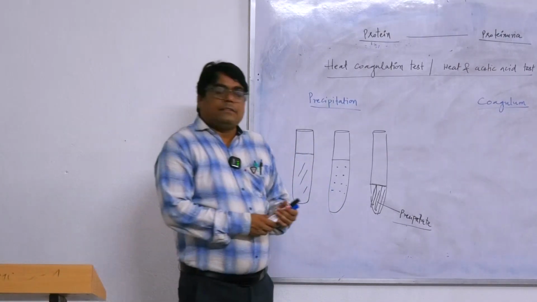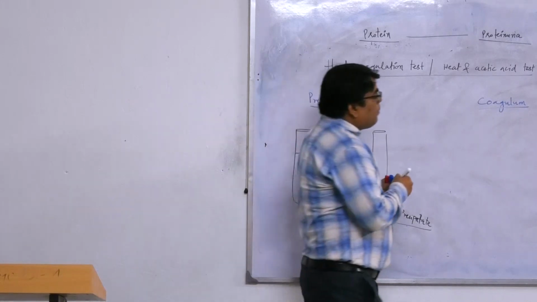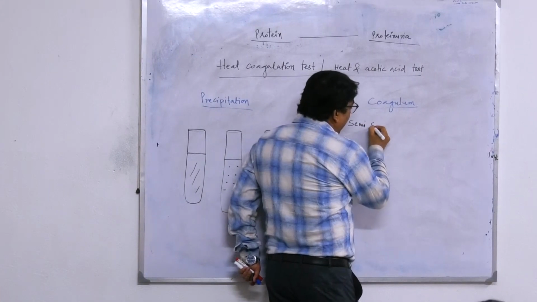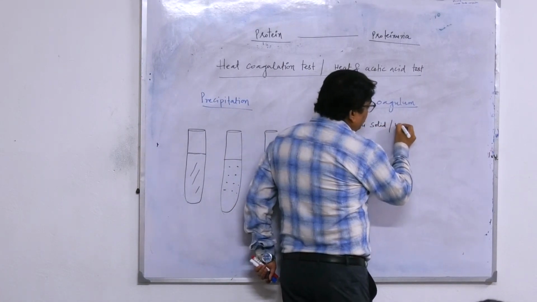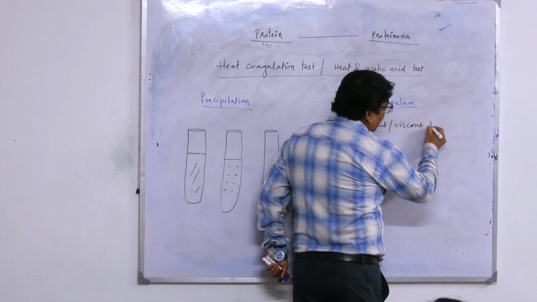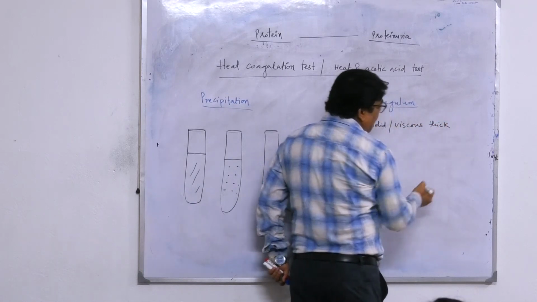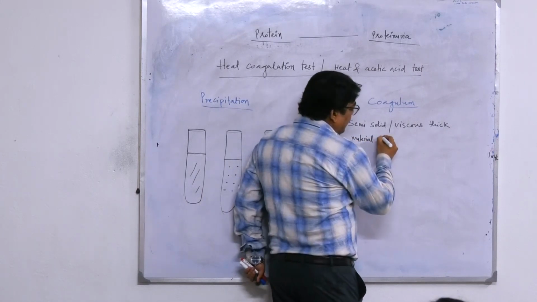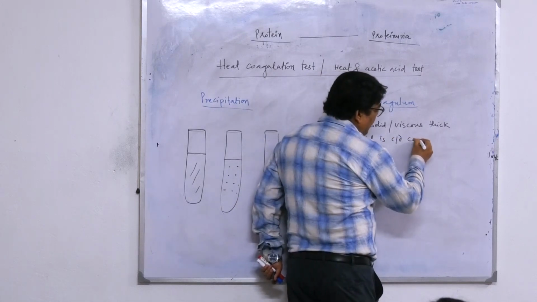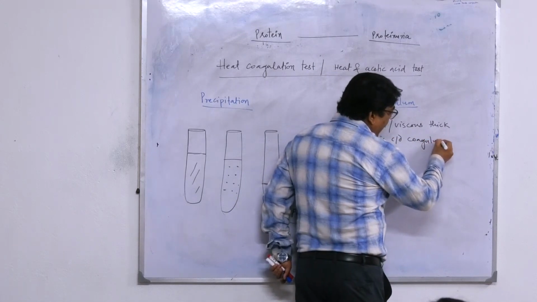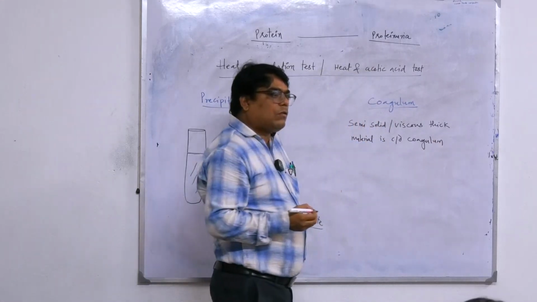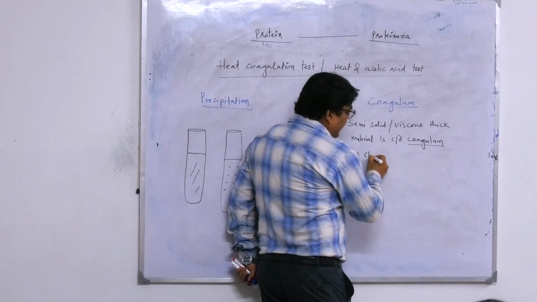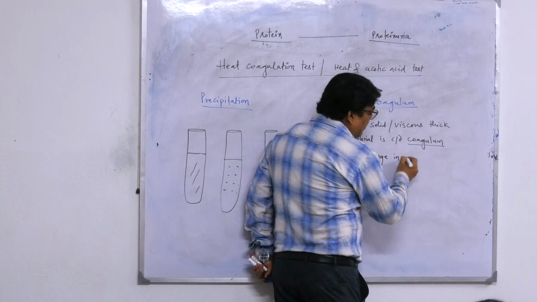By changing of the protein, the formation of semi-solid, viscous, thick material is called coagulum, by change in temperature.